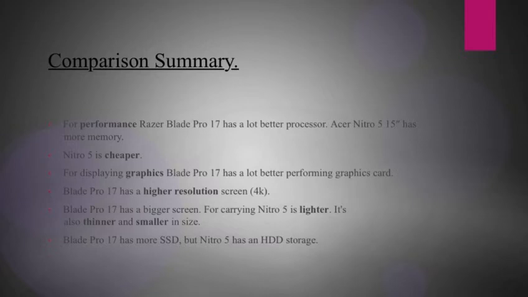The screen refresh rate of the Razer Blade 17 is higher at 360 Hz compared to 144 Hz. The number of USB Type-C ports is higher at 2 compared to 1.